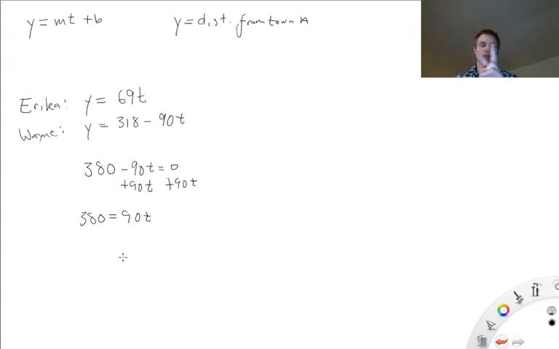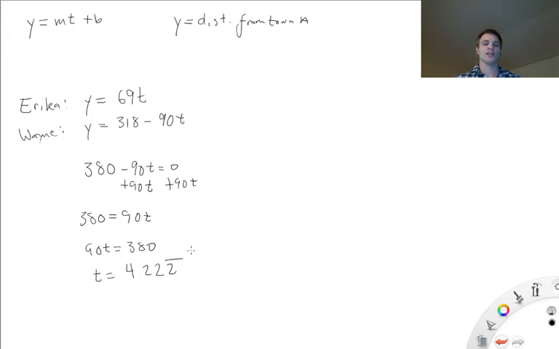This is the symmetric property of equality, so 90t equals 380. Let's figure out what is 380 divided by 90. It's 4.222 repeating. So it takes him a total of t equals 4.222 repeating to get to town A.